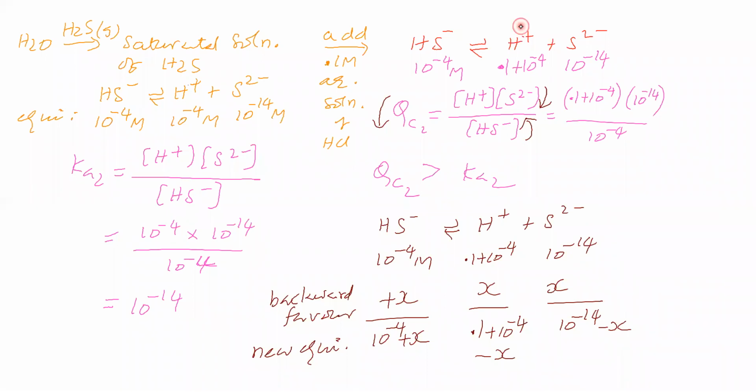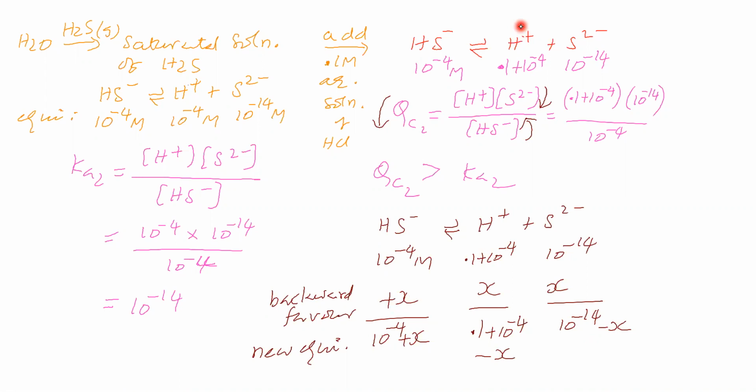After some time, the system is attaining a new equilibrium. In the new equilibrium, the concentration of sulfide is this much, here minus, because sulfide is disappearing. The H plus concentration is this much, here minus, because this much amount disappears. The HS minus concentration is this much, here plus, because this much amount of bisulfide is produced.